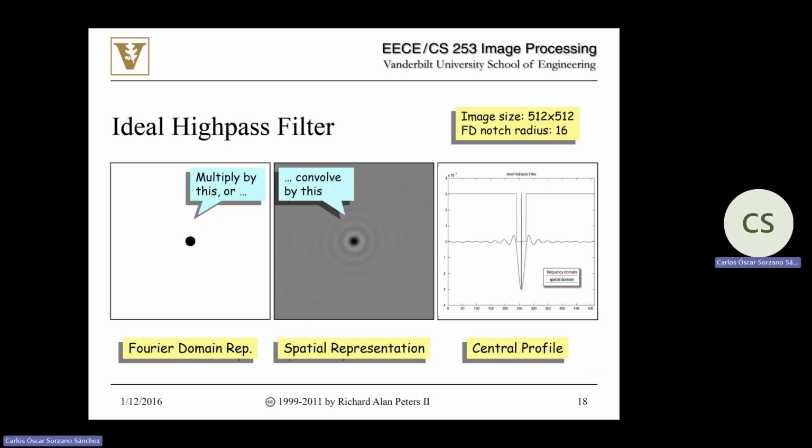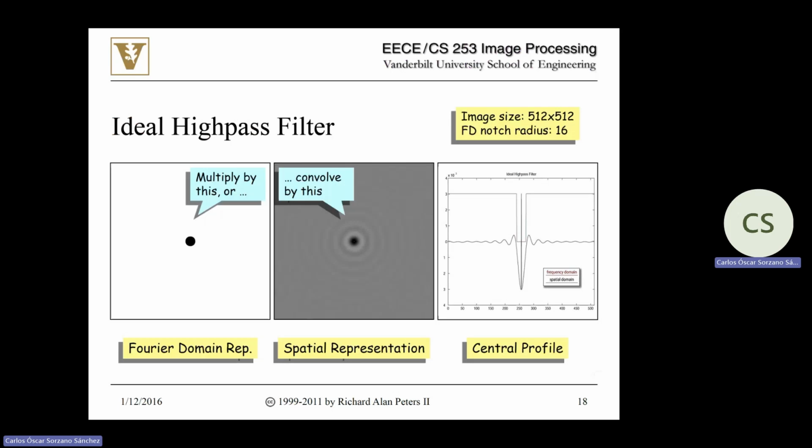Actually, this one is interesting. What is the average of all these numbers? There will be a lot of numbers, and here we see a few of them. So what is the average of all these numbers? It has to be 0, because the zero frequency is the average of your image. Here it is 0, and here it is 1.